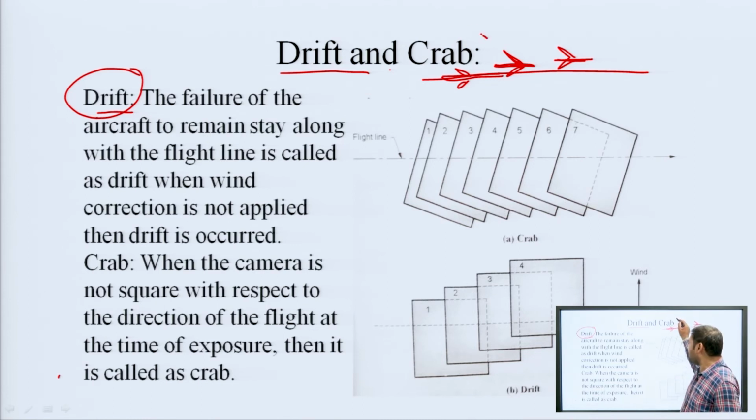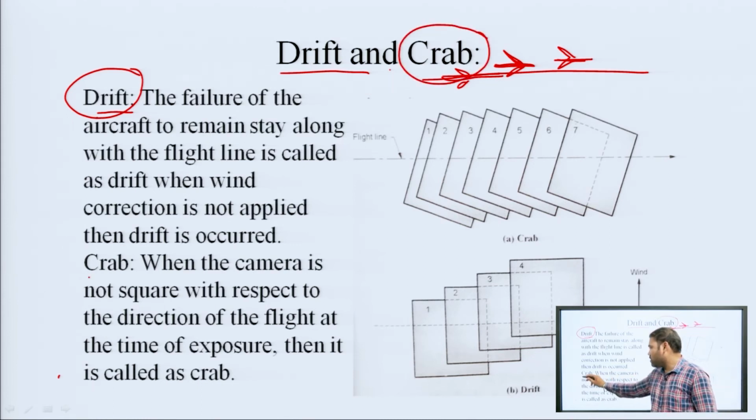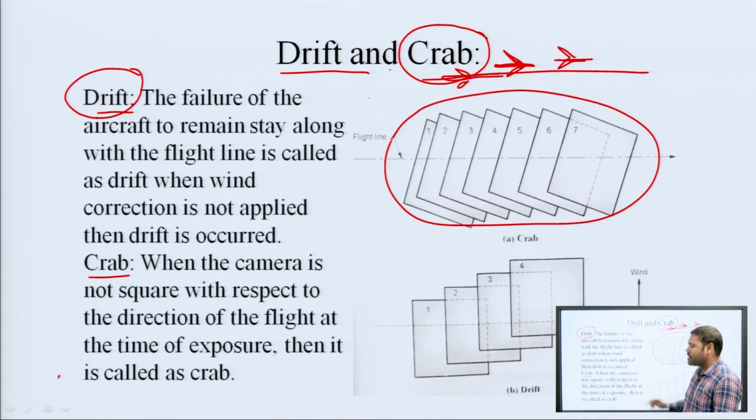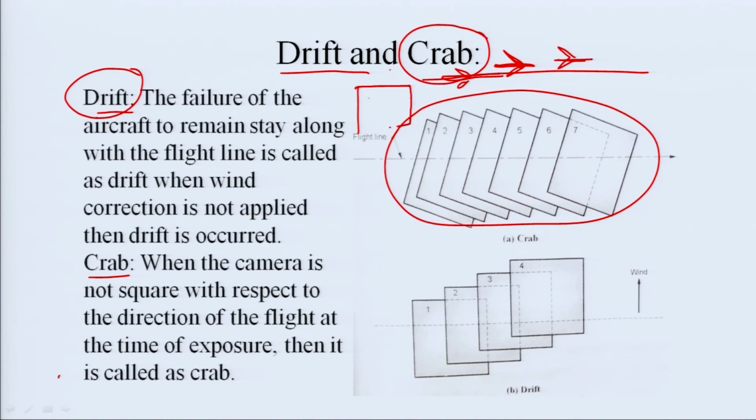There is another term, that is crab. What is crab? Crab occurs when a camera is not square with respect to the direction of flight at the time of exposure. In this figure we can see that the camera is not in a square position. It tilts from its square position and looks like a rhombus.